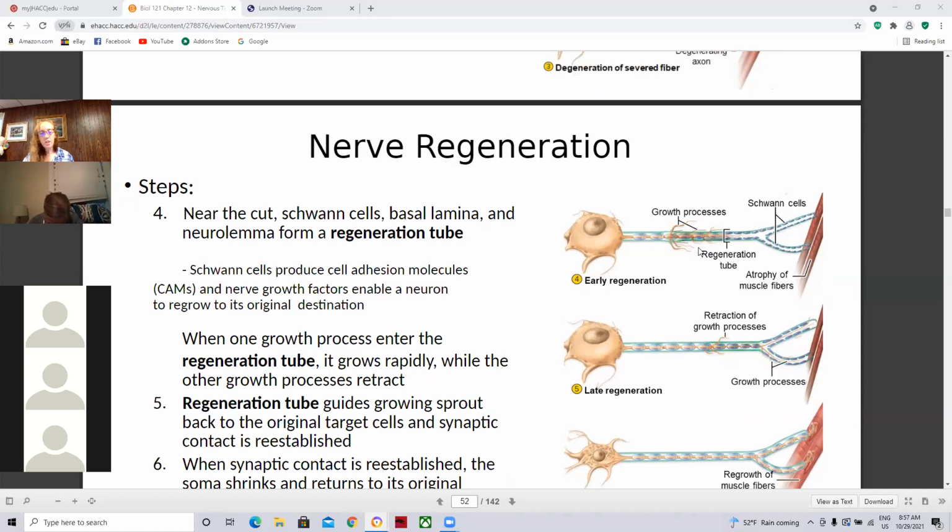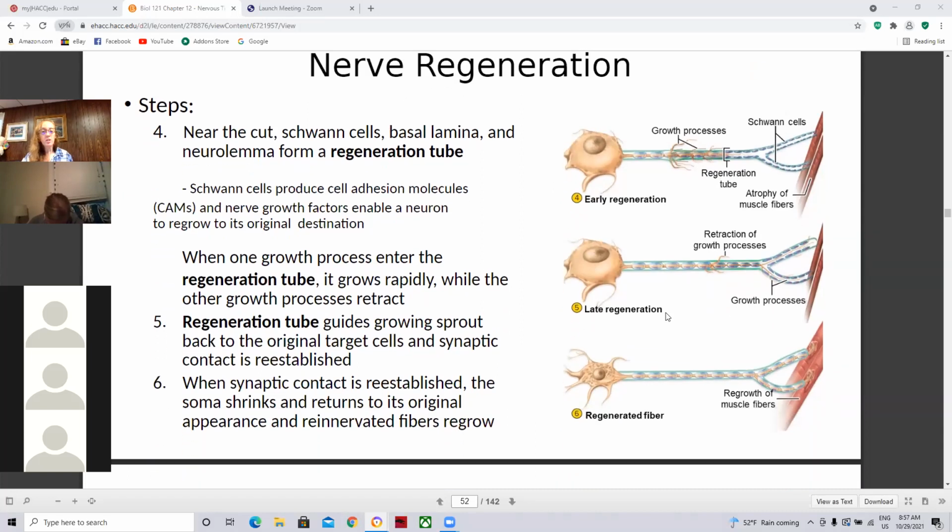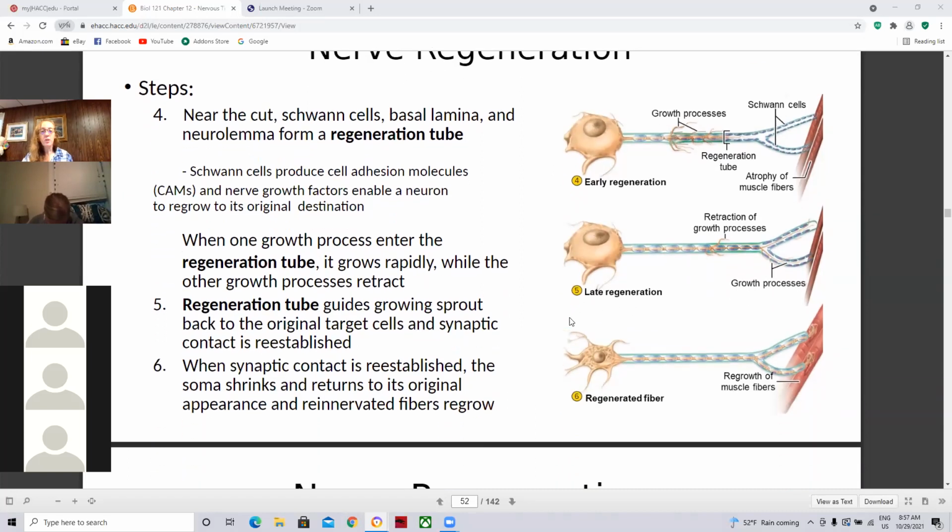The regeneration tube will guide the growing sprout back to its original target, and the synaptic contact is reestablished. When synaptic contact is reestablished, the soma can shrink back to its normal size and appearance, and the reinnervated fibers will regrow.